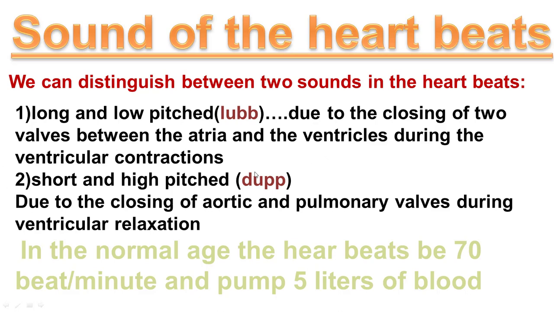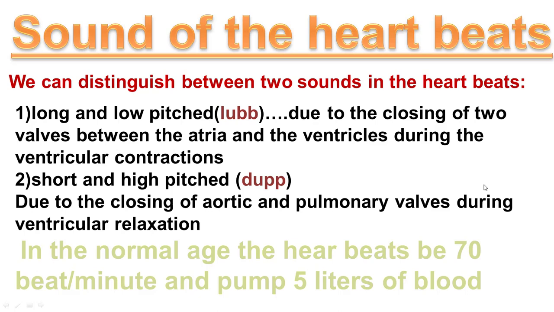While the other one, dub, is short and high pitched, a high pitched sound that can be heard easily, due to the closing of the aortic and pulmonary valves. So here are the two major arteries' valves.